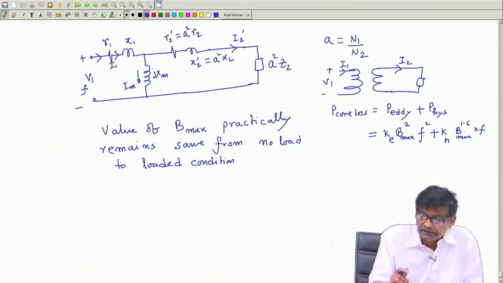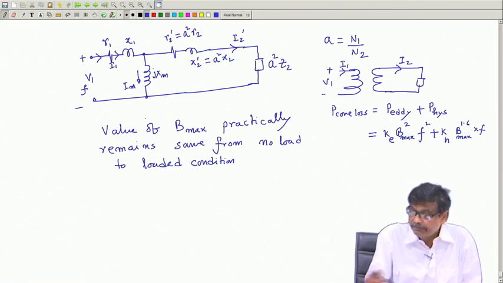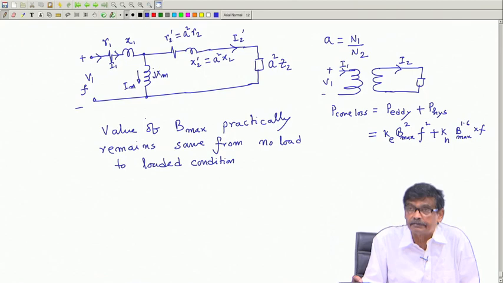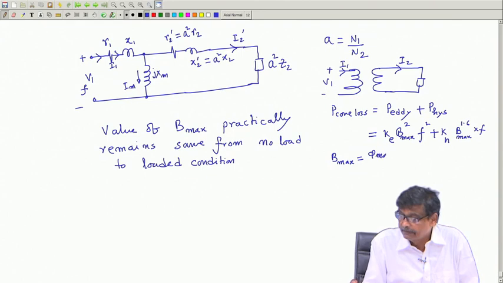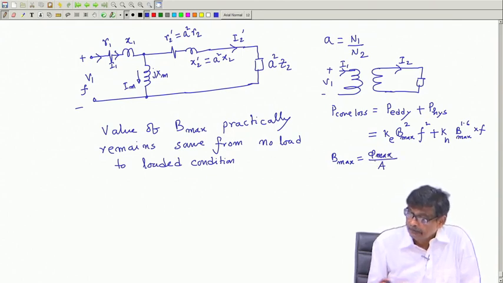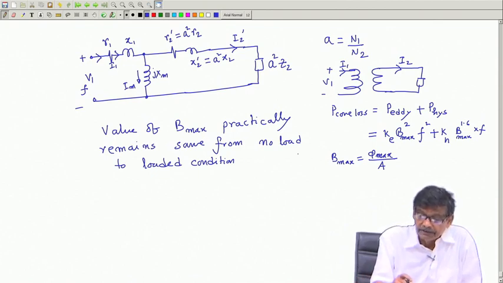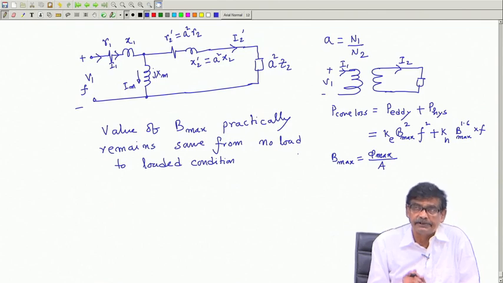The voltage which will come between these 2 points decides the magnetizing current, hence the flux or Bmax. Bmax is after all phi max by the cross sectional area of the core. Therefore, this voltage will change strictly when no load is connected.